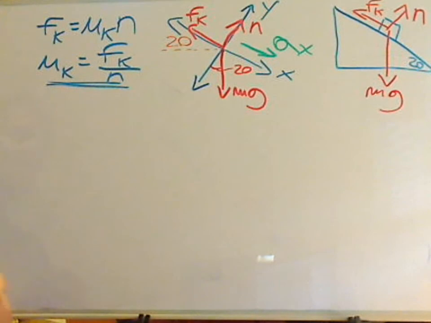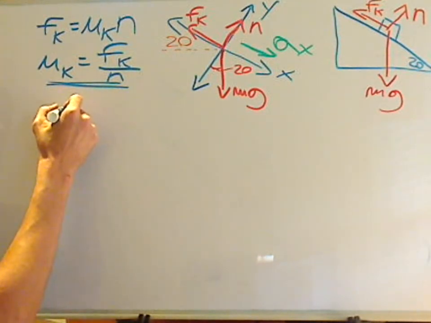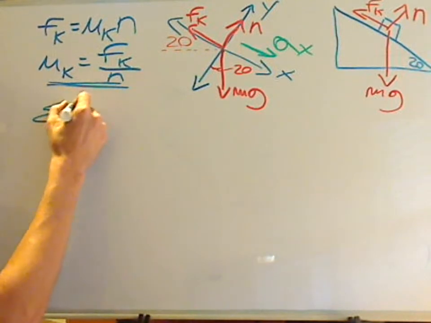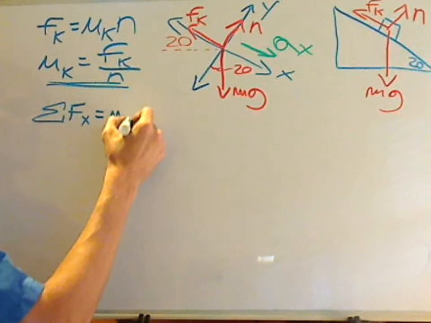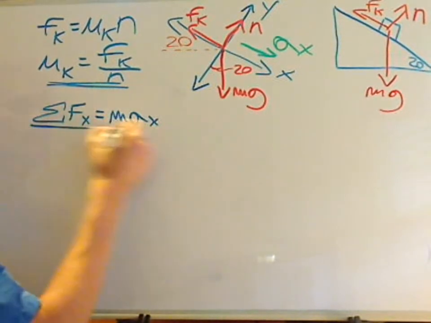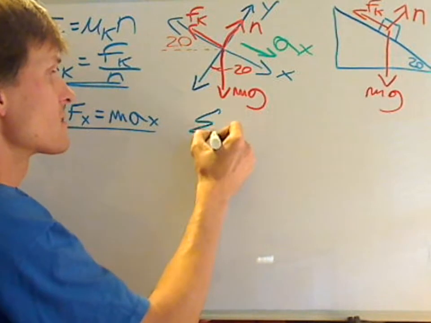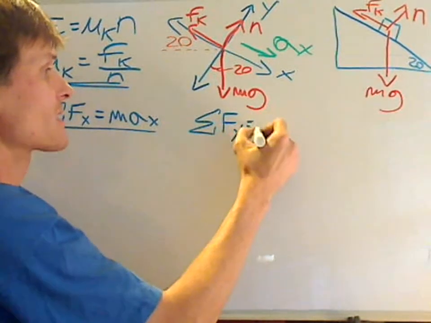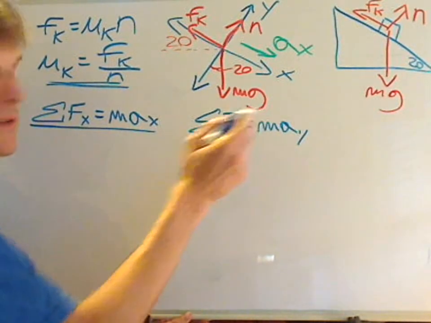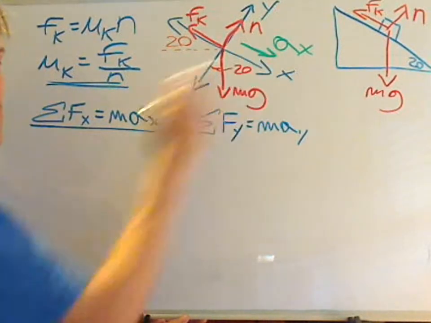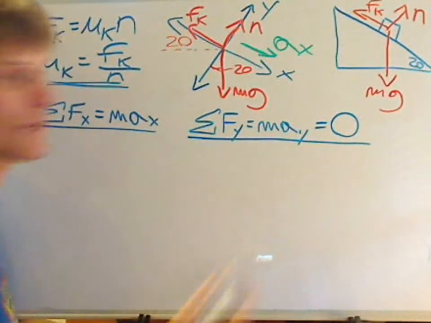Applying Newton's second law to both the x and y components: the sum of the x forces is mass times x acceleration, and the sum of the y forces is mass times y acceleration. But the y acceleration is 0 here. It's all x acceleration.